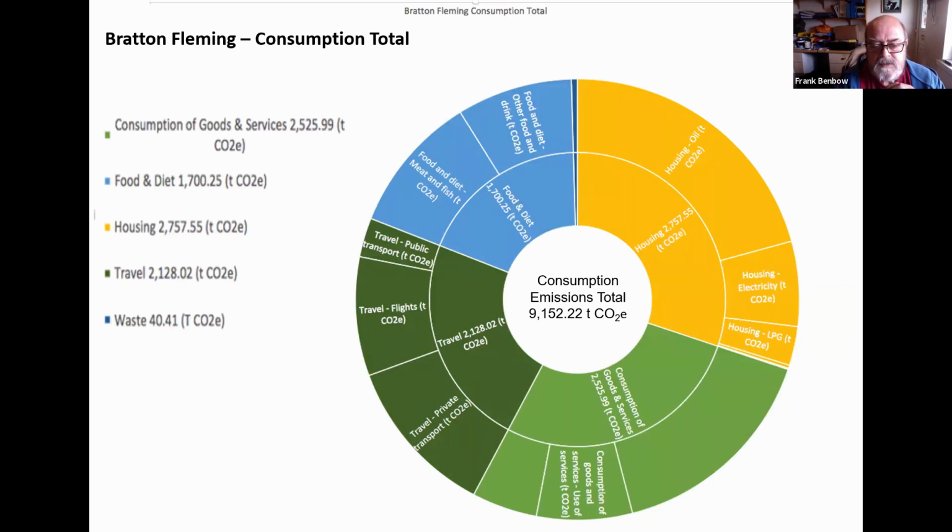All right, and in terms of consumption, our biggest contributors are housing, consumption of goods and services, travel, they're all three very large ones. And of course, food and diet is playing a very, very big part as well. Now, the way in which I did this, if you notice when you use the tool, the graphs it provides are interactive.